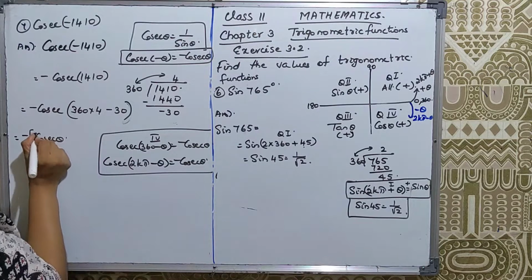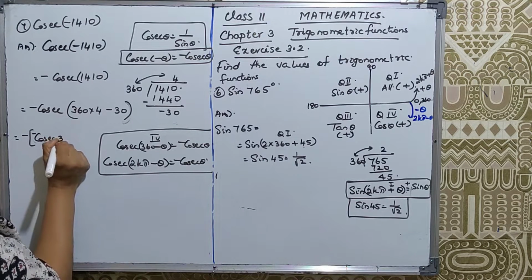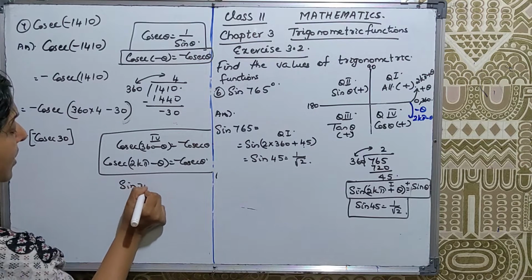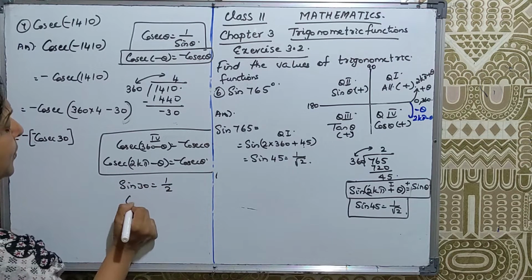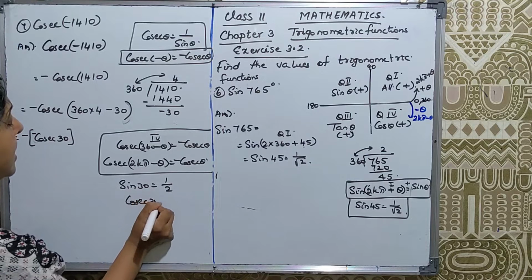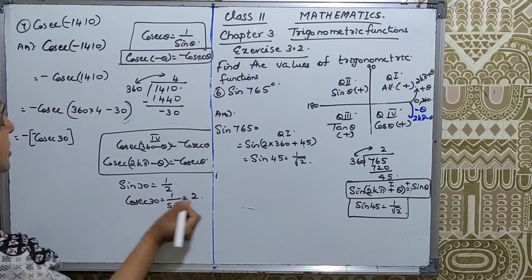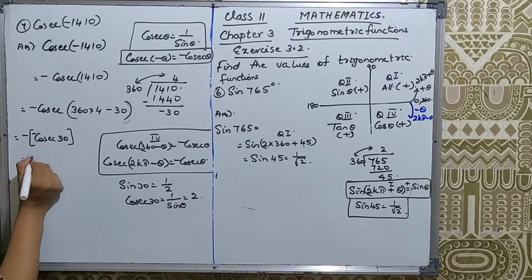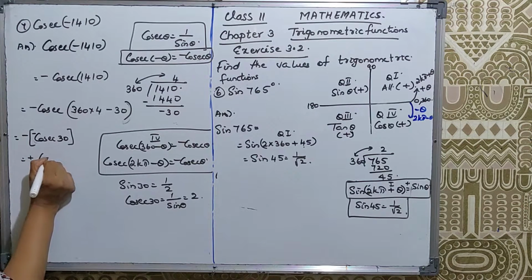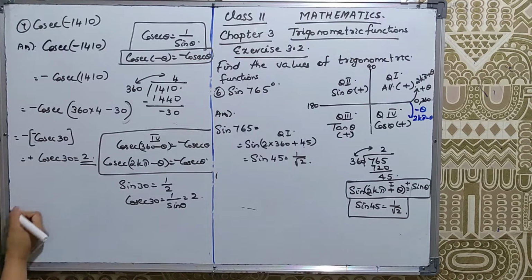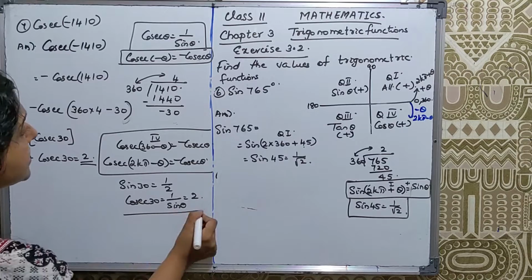So minus cosec 30. Cosec 30 is the reciprocal of sine 30. Sine 30 is half, so 1 by sine 30, the reciprocal, is 2. So minus into minus is plus. Plus cosec 30 is equal to 2. That is the answer.